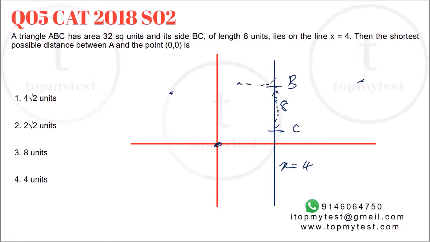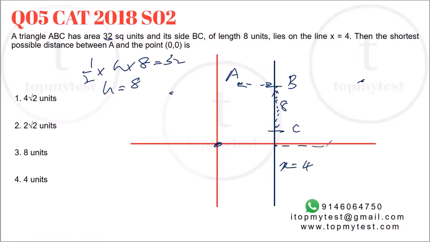So height will be the distance of A from BC, which means the distance of this point from the line x is equal to 4. So half of height into 8 should be equal to 32, which means height should be 8. So the point A should be 8 units away from this line.